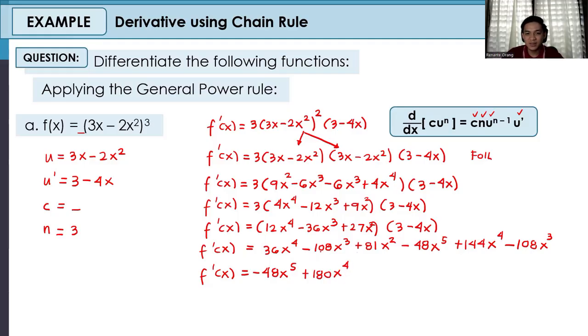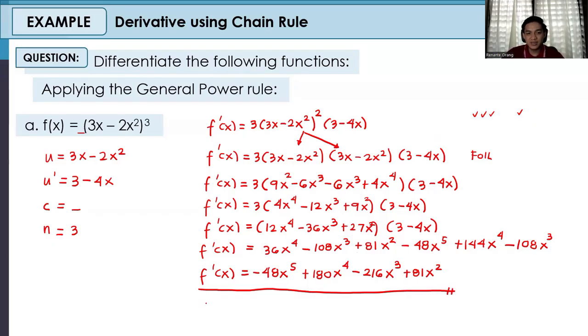Proceed tayo, negative 108x raised to 3 minus 108x raised to 3, that is equivalent to negative 216x cubed. And lastly, we have positive 81x squared. So this will be our final answer kasi hindi na to masisimplify pa.